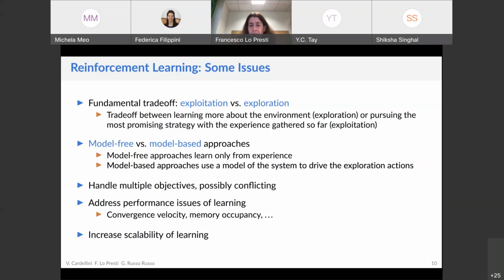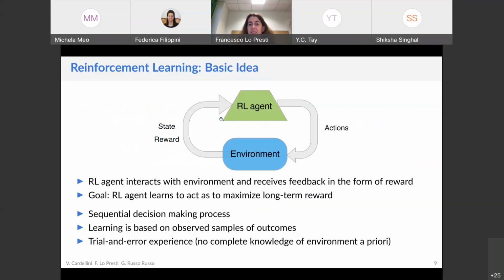I forgot to mention that in the modeling framework that will be introduced later by Francesco, we will use, rather than the maximization of the reward, the minimization of cost.